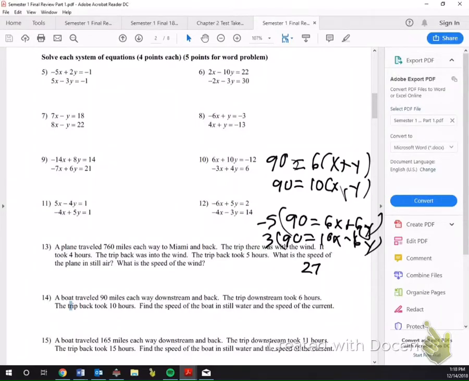So what we got to do here is multiply the top one by -5, bottom one by 3. Add them up.